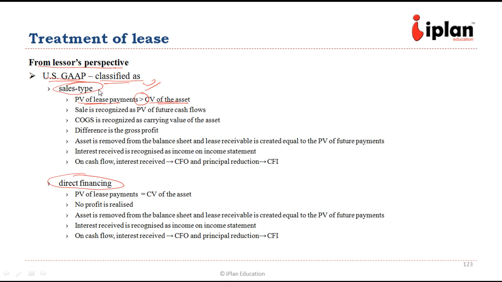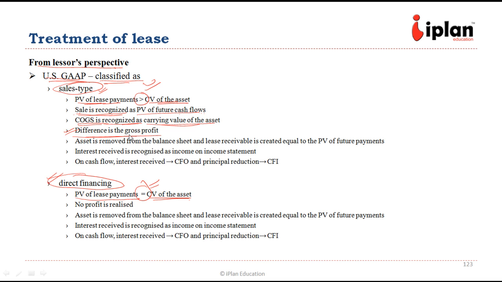And if the present value of the lease payments is equal to the current value of the asset, then it will be called direct financing. Under sales type, sale is recognized as the present value of future cash flows. Since there will be a difference between the present value and the sale, there will be a profit or loss. So COGS, cost of goods sold, is recognized as the carrying value of the asset, and the difference is going to be the gross profit.